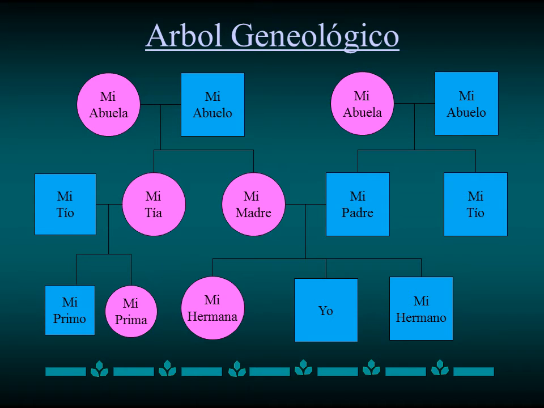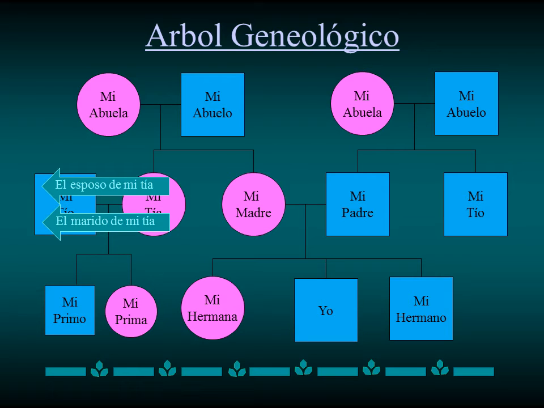And let's look at some more relationships here. So, mi tío es el esposo de mi tía. So what do you think that means? My uncle is the spouse of my aunt, the husband, right? Esposo. Or another word for esposo is marido. Mi tío es el marido de mi tía.